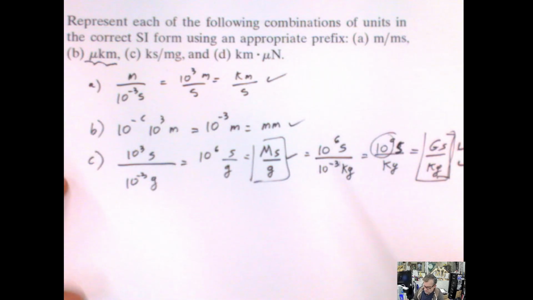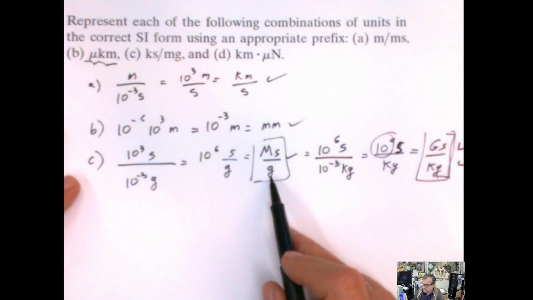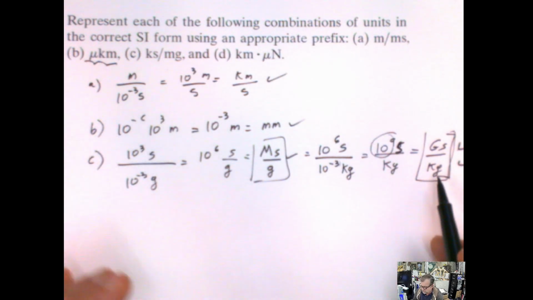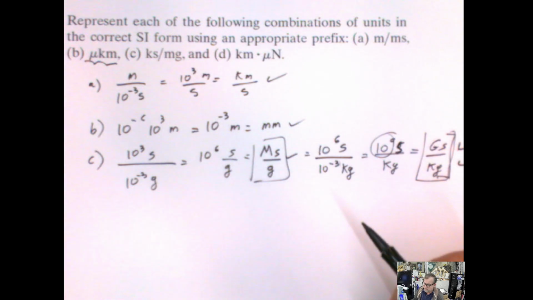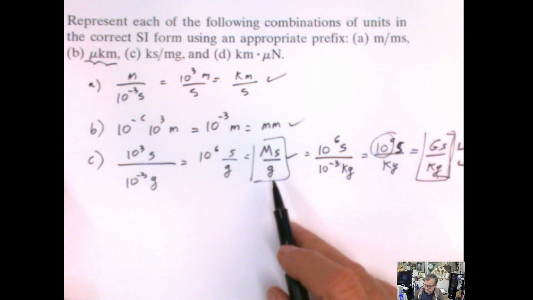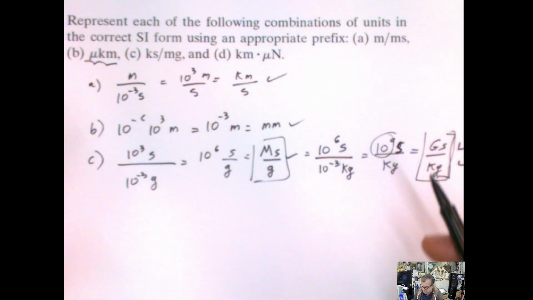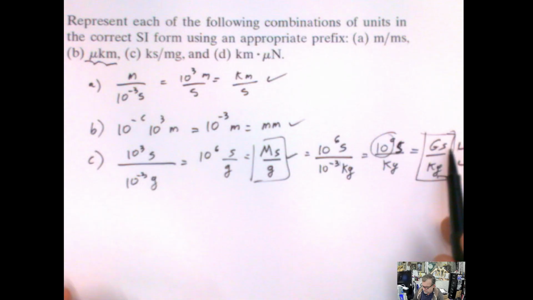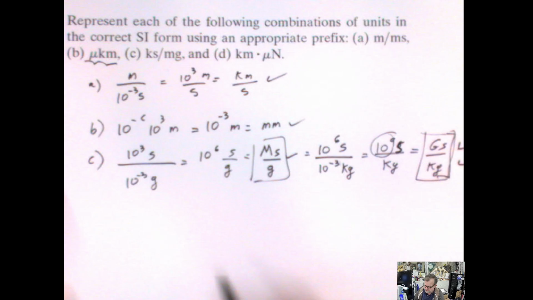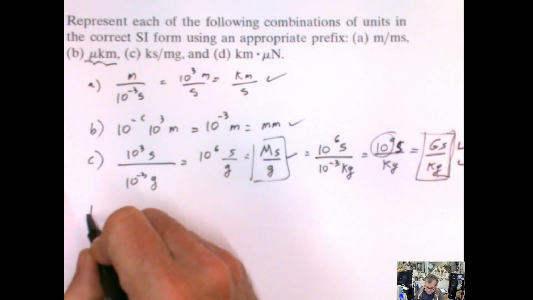I don't know why they don't unify the rules and say basically no prefixes in the denominator. Of course, kilogram is the base unit for the SI system, not gram, which is also an exception. I don't know why that exception was made, but it is what it is. So that will be the most accepted and appropriate way of expressing those units.